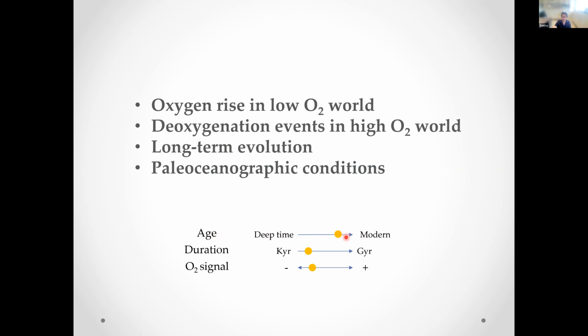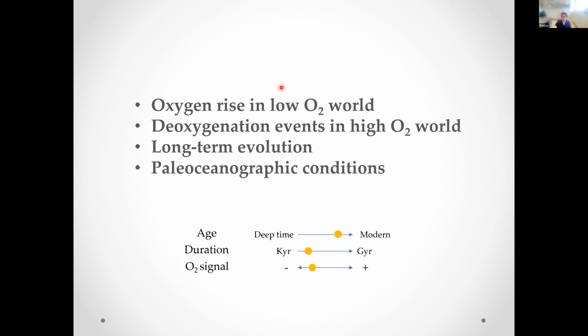And then I want to cover different durations, meaning some of the events may occur on a 1,000-year time scale, and other studies that we're going to look at may cover a really long time interval. Also, I want to show you how this proxy does in terms of different oxygen changes.